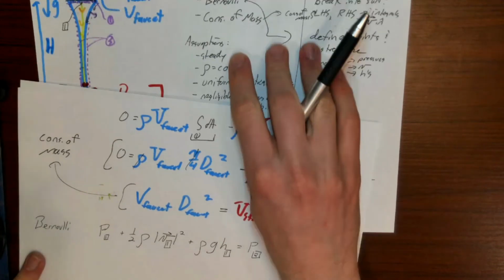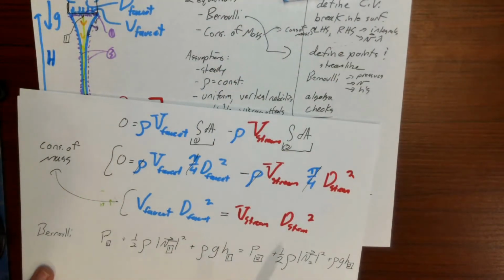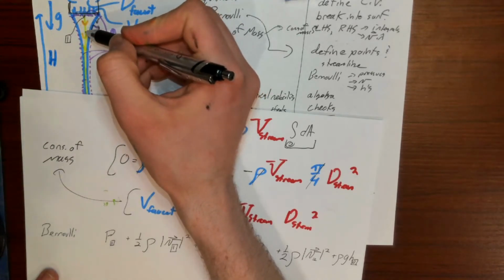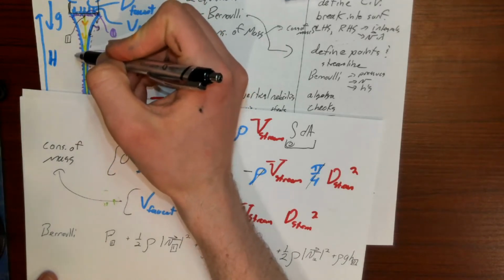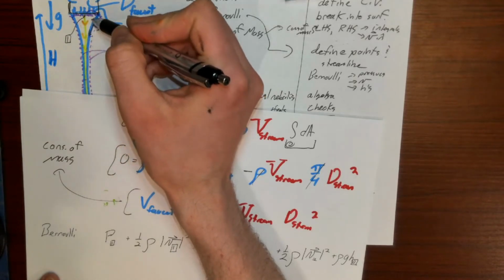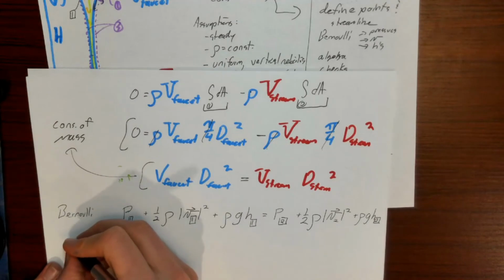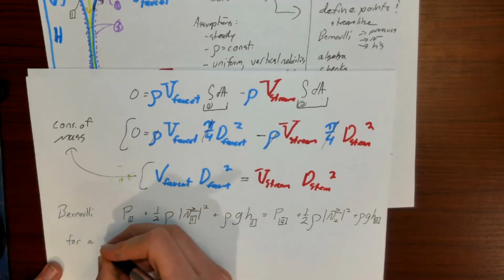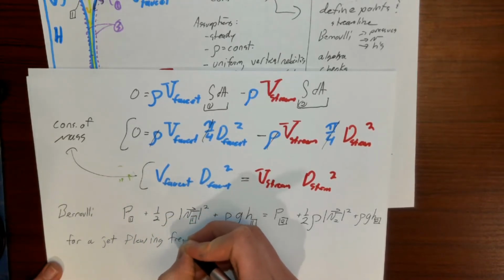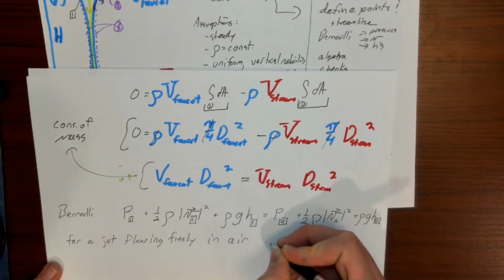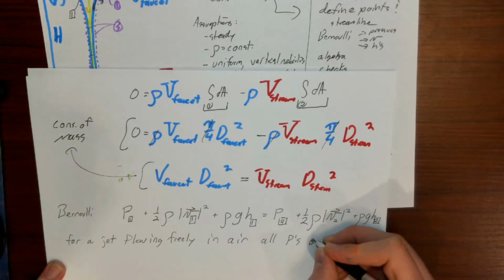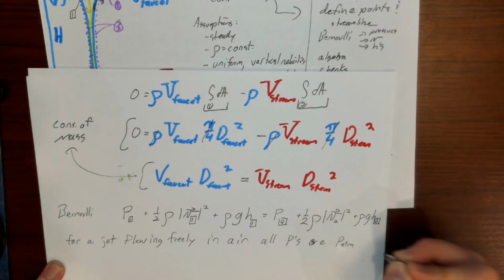And one last piece of information to help make sense of these pressures is, anytime you have some jet that's not contained within a pipe, some jet or stream or droplets that is streaming through the air and is in touch with air everywhere, then for a jet flowing freely in air, all pressures are atmospheric.